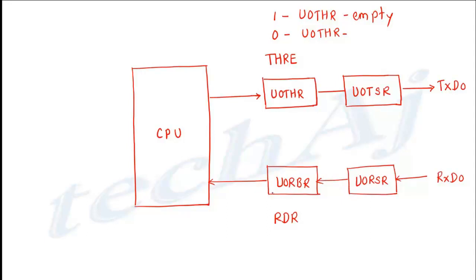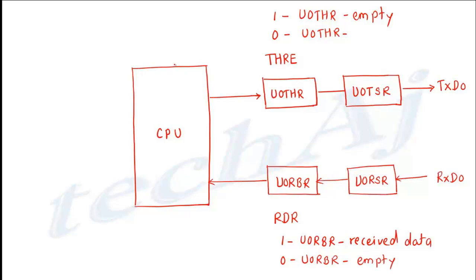Now, to check whether this RBR register has received data or not, the RDR flag is used. When this flag is 1, that means the U0RBR register has received data. Whereas when this bit is 0, U0RBR is empty.